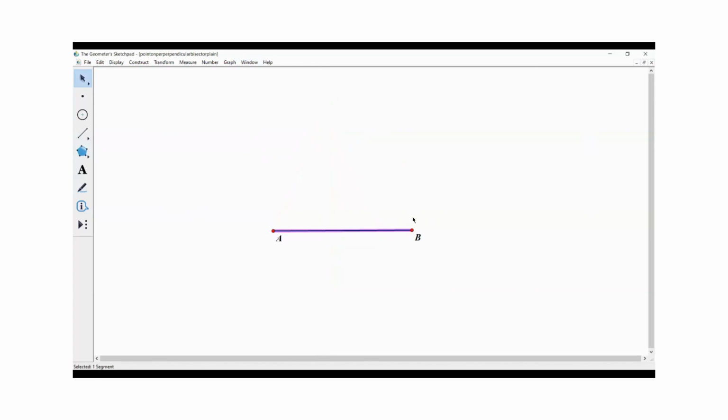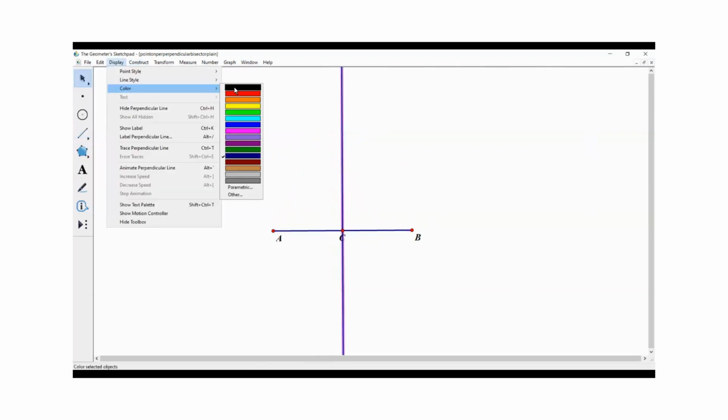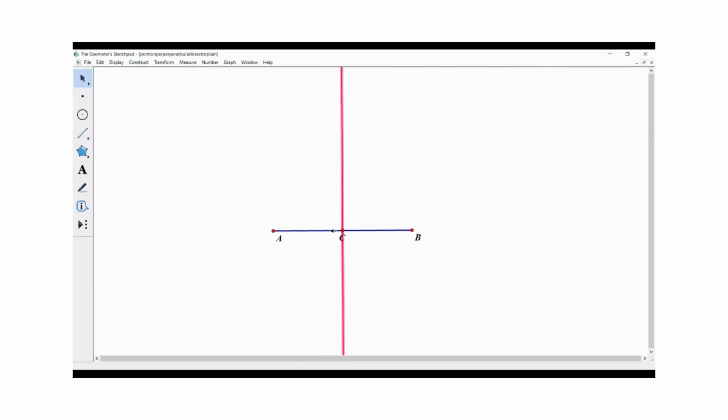Here I have a segment, and I'm going to use Geometer's Sketchpad to construct the perpendicular bisector. Given this random segment, first I'm going to make the midpoint of the segment, and then I'm going to highlight the segment and the midpoint and construct a perpendicular line. I'm going to make it a different color so it stands out from the original segment. So this is the perpendicular bisector of the segment.